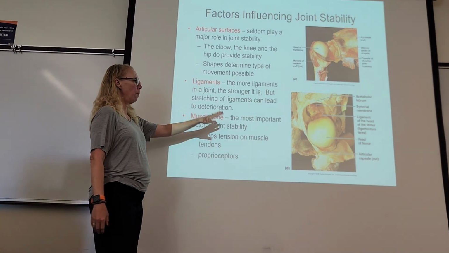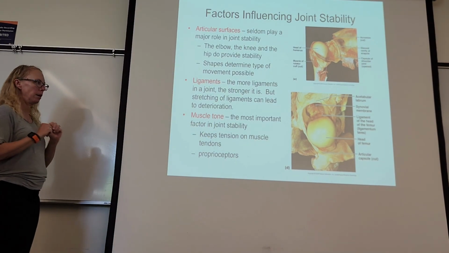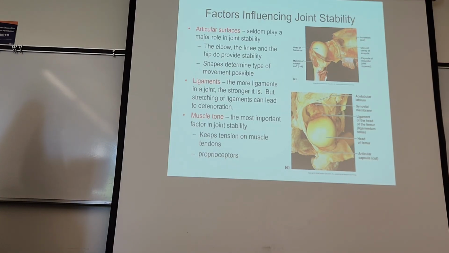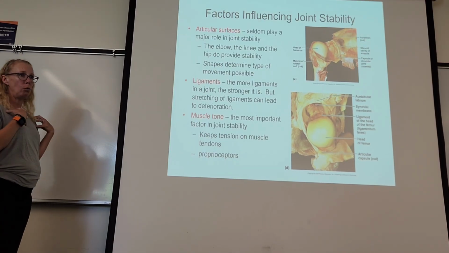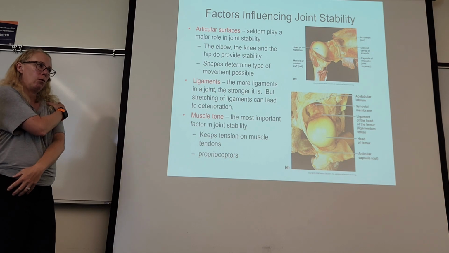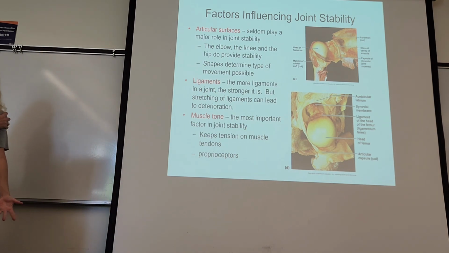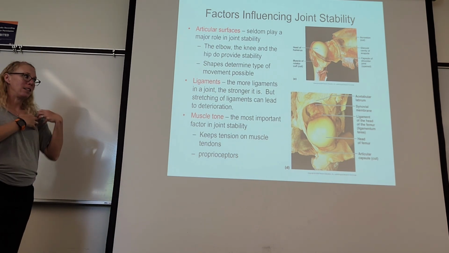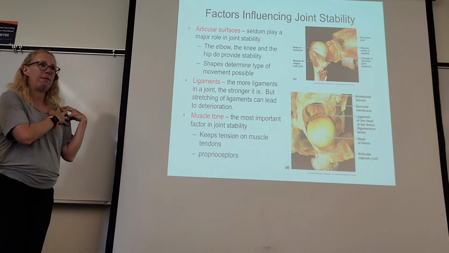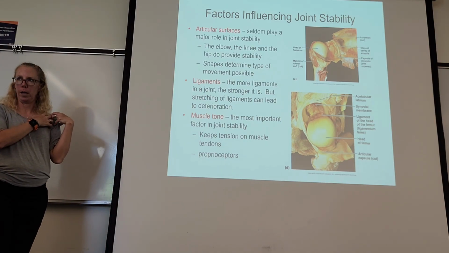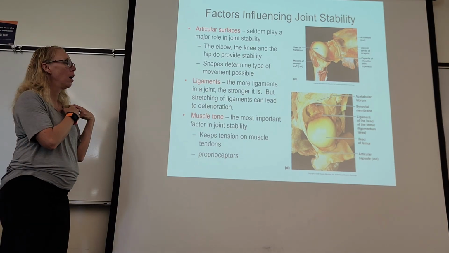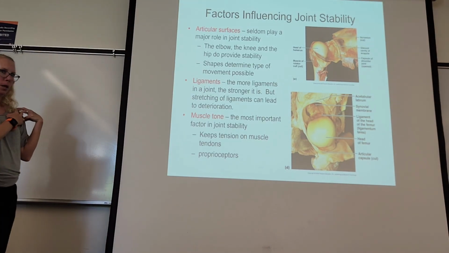Every single patient that comes in to see me has some sort of weakness somewhere. So if they're coming in with shoulder pain and instability or injury or surgical intervention, I'm going to assess the musculature of the shoulder joint and find the weakness. Where are they weak? Usually it's serratus anterior. We'll go over muscles next week.